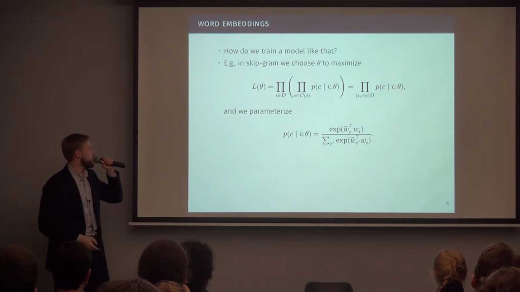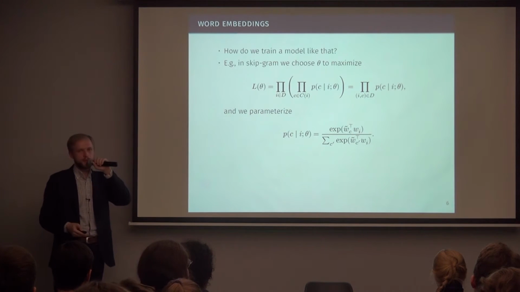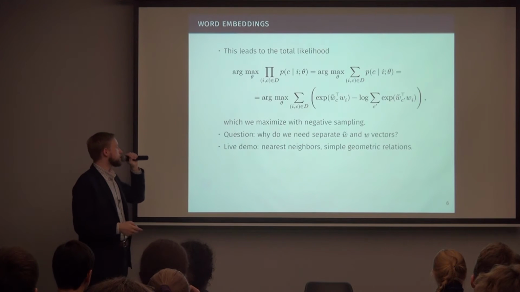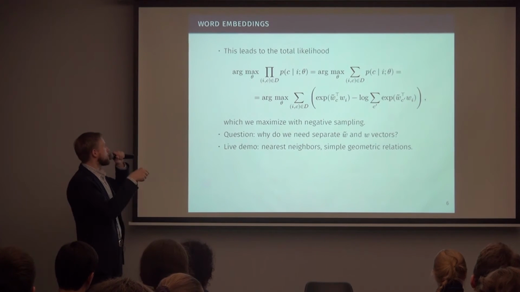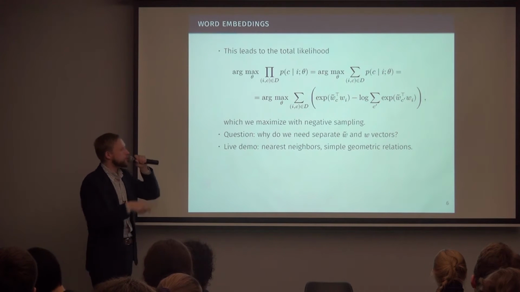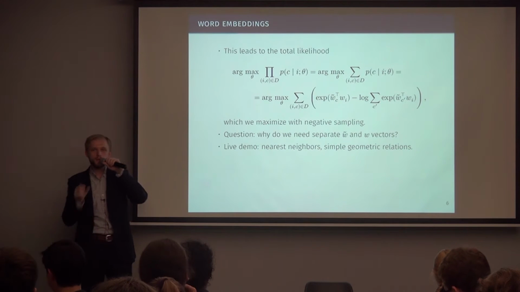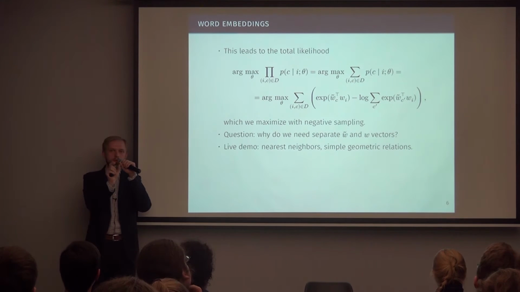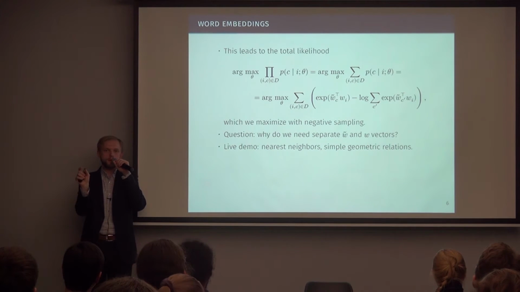So, yeah, I think I will skip the mathematics here because it's not really important. The important thing is that as we train the model, for each word we get a vector, and we also get what is called the context vector.